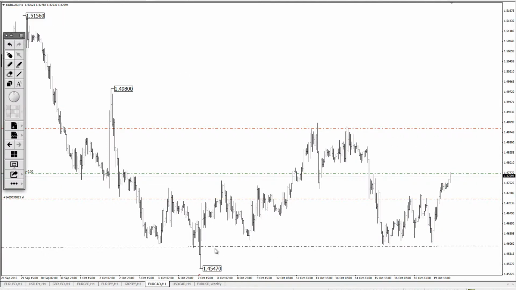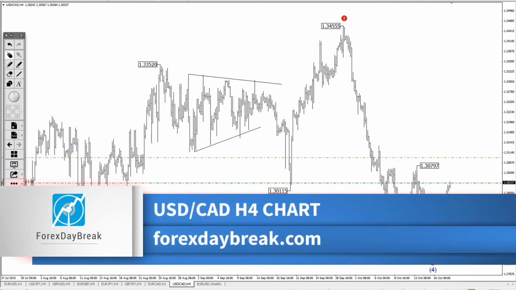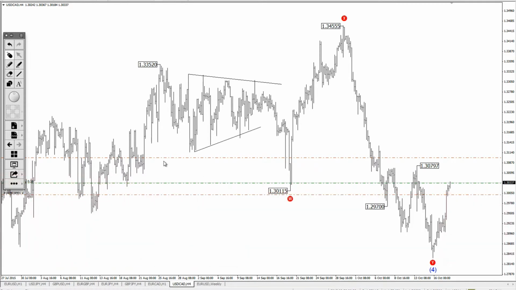Alright, let's look at some other pairs. So US dollar Canadian, we entered a buy trade as well, which can be found in the show notes. We can expect an upwards move, and perhaps we have seen a low for this pair. We can expect a 5-wave structure.